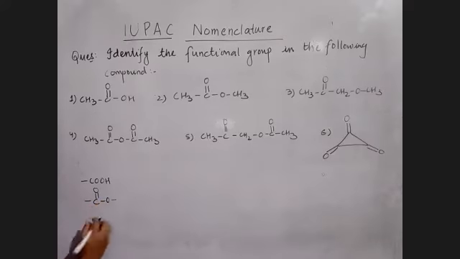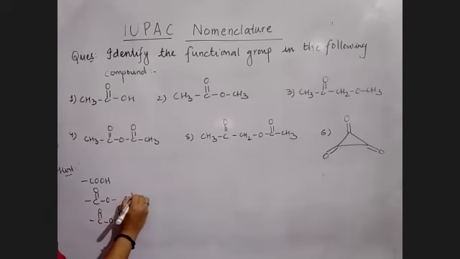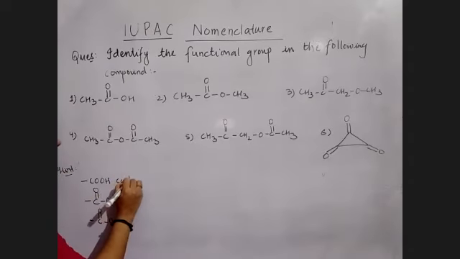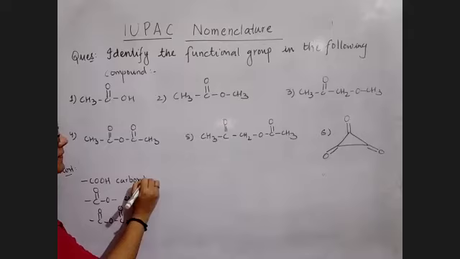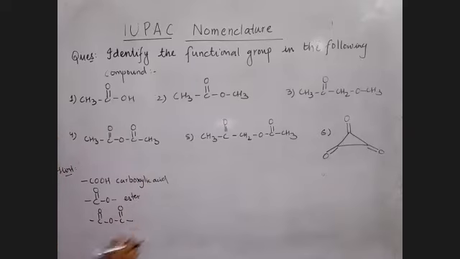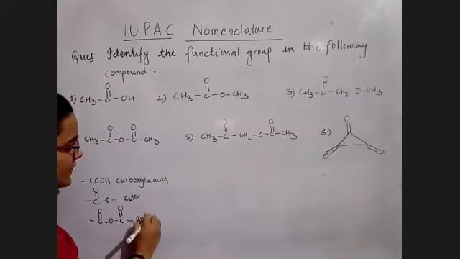COO means ester. This means anhydride. For the hint, I am writing over here only. This represents ester, this represents carboxylic acid, and this represents anhydride.